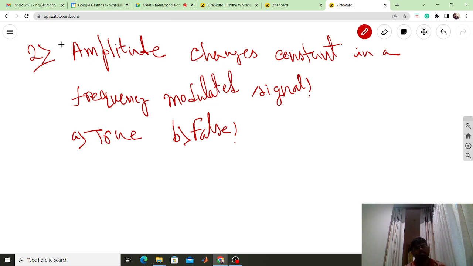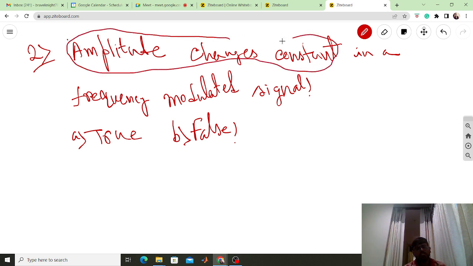So basically, you can think of this question as whether the amplitude changes in a frequency modulated signal.